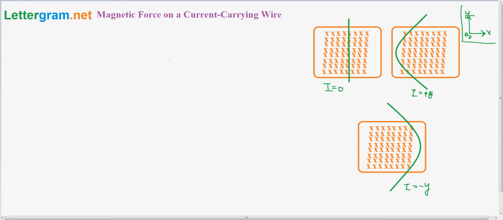Hello, in this video I'm going to explain the magnetic force on a current carrying wire. In a previous video I explained that the magnetic force was caused by a charge moving through a magnetic field.